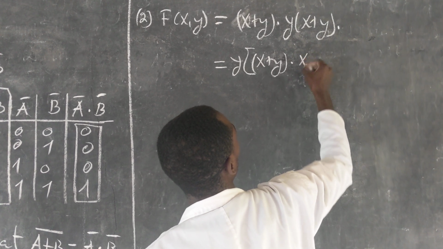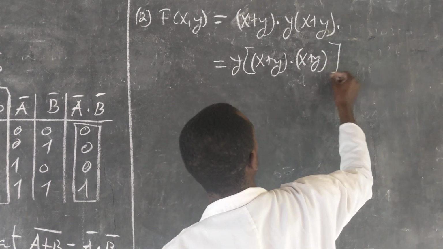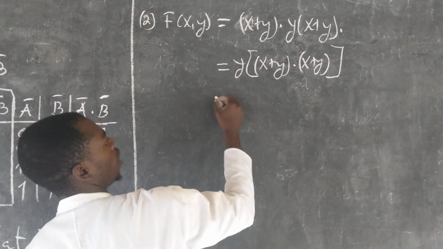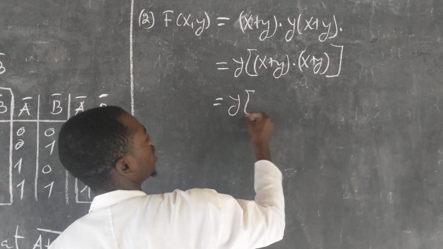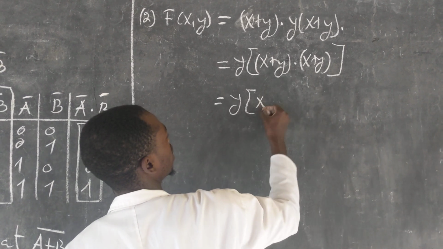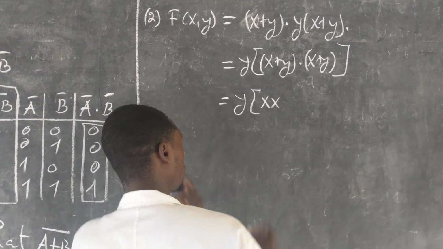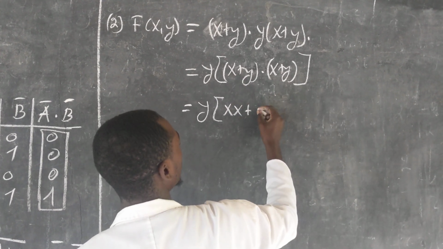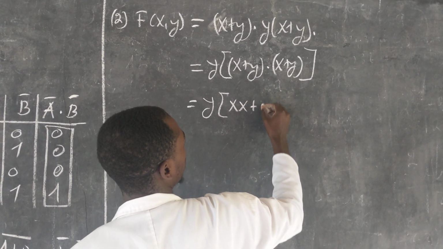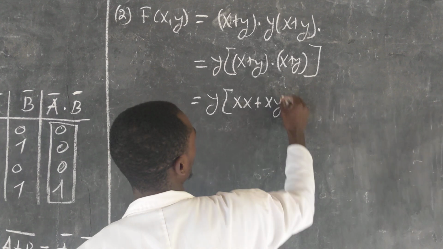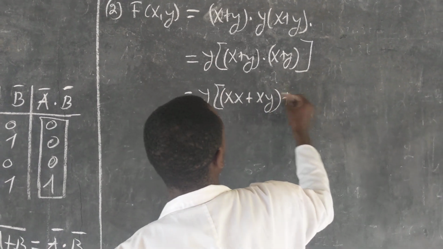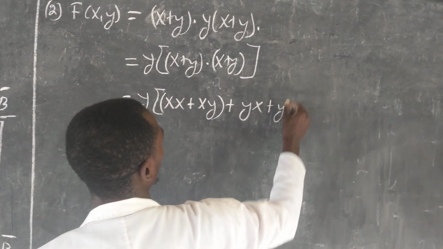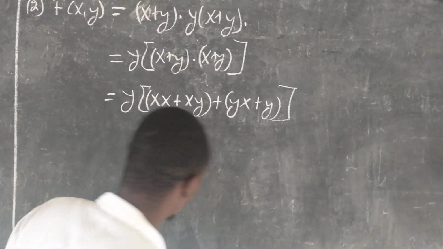So now here we have square bracket x plus y, close, x plus y, and then enclosed in square bracket. So now here we have y, square bracket x cross x, here is x, then plus x, y, then plus y cross x, then y cross y, like this.